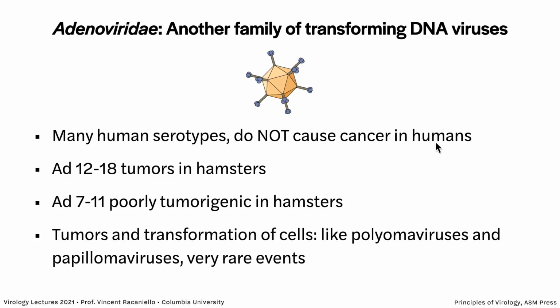However, if you go into a different host, in hamsters, some of them cause tumors. Serotypes 12 and 18 and 7 and 11. And like the transformation we've just talked about for polyoma and alluded to for papillomaviruses, these are rare events. In other words, adeno causing tumors in hamsters is a rare event.